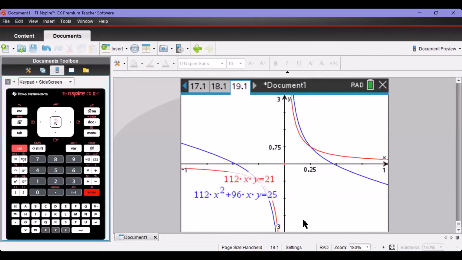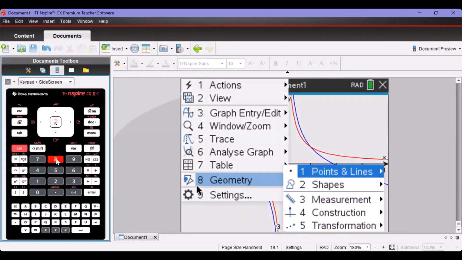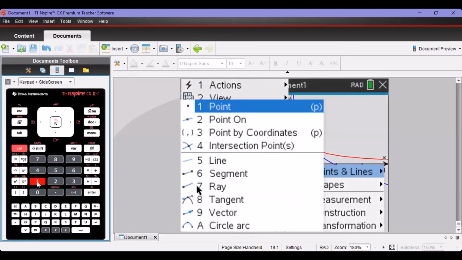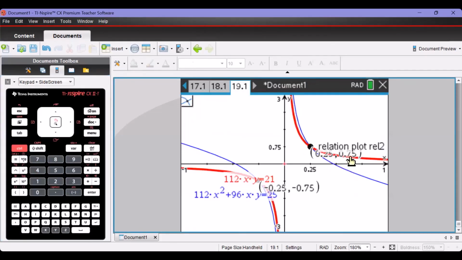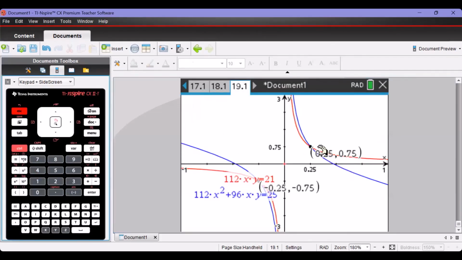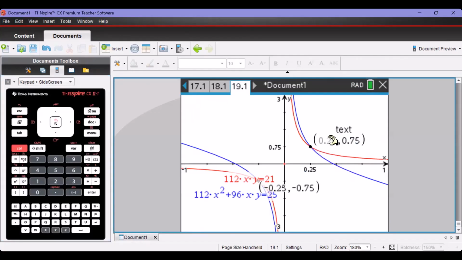And what we're interested in is the point of intersection in this first quadrant where x and y are both positive. So all we need to do now is press Menu, 8 for geometry, 1 or Enter for points and lines, 4 for intersection points. Click on the first graph, click on the second graph, press escape, and our point of intersection there is 0.25, 0.75.